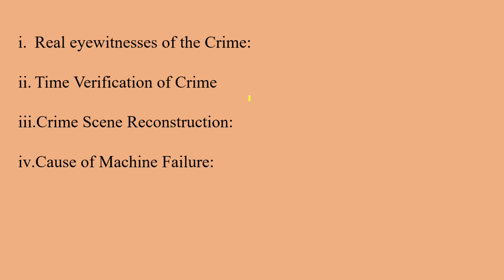Another utility is that it is a real eyewitness. A person can tell a lie, if the person is an eyewitness, but CCTV footage is a real eyewitness. Time verification also. Suppose any crime or accident happened, the actual time may be determined by verification of the CCTV.